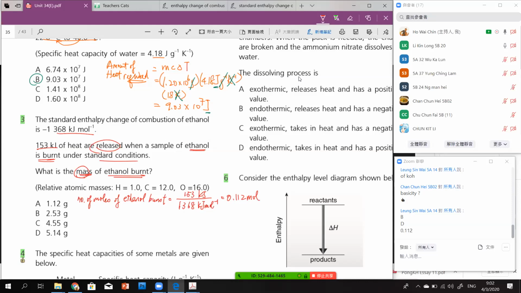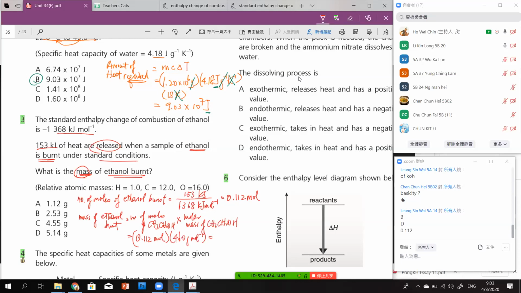So you're going to come up with the mass. What does that mean? You're going to find out the mass of ethanol burned, which is just the number of moles of ethanol times the molar mass of ethanol, which is equal to 0.112 mole times the molar mass of ethanol, 46.0 gram per mole.